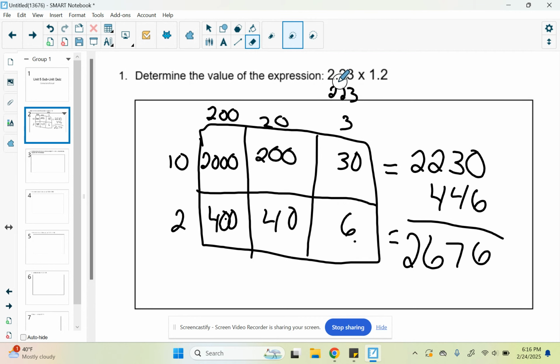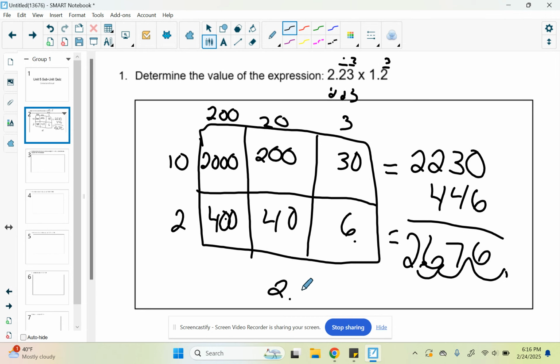We had 2 places in the first one, and then 1 place in the second one. So we have 1, 2, 3 decimal places. So we're going to scoot 1, 2, 3 decimal places. So that is 2.676.